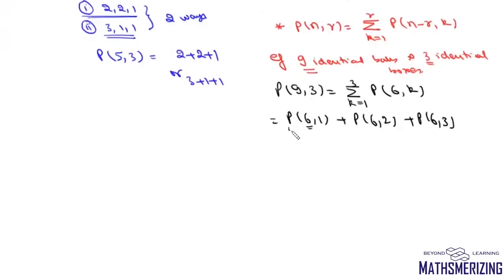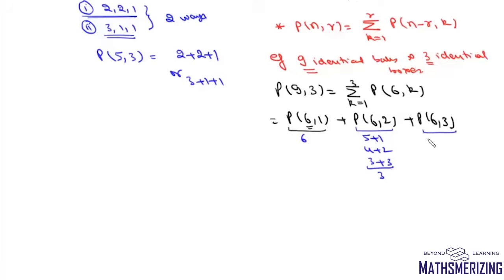So this problem now reduces to partitions of 6. In how many ways can we partition 6 into one part? Only one way, simply 6. What about 6 in 2? It is either 5 plus 1, 4 plus 2, or 3 plus 3, so there are 3 ways. And what about 6 in 3?